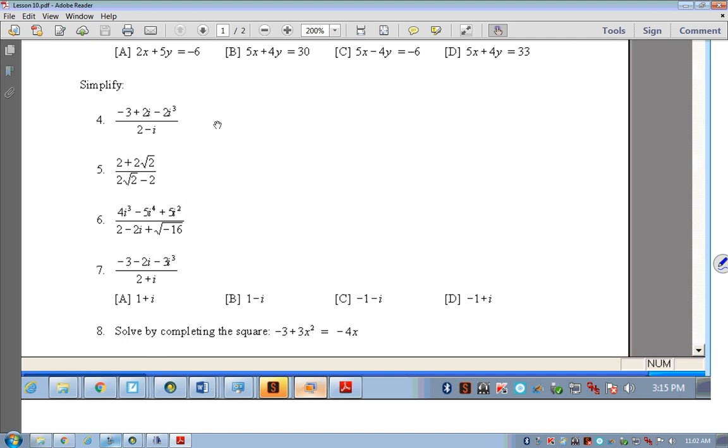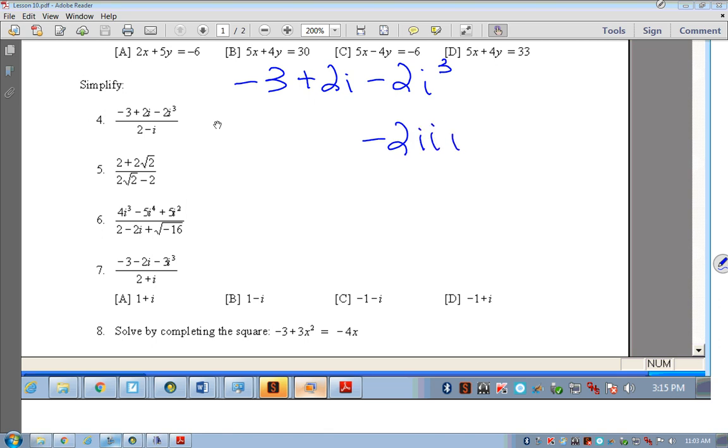First off, let's simplify the numerator. Negative 3 plus 2i minus 2i cubed. The negative 2i cubed can be simplified, can't it? Because what we have is negative 2i times i times i.